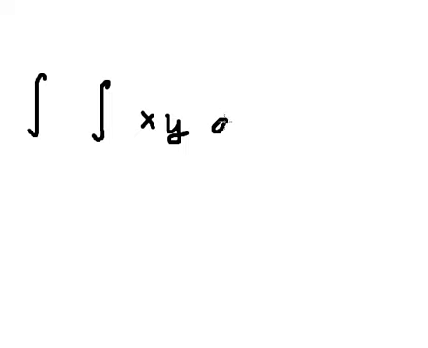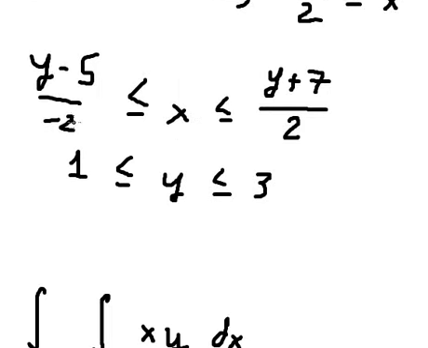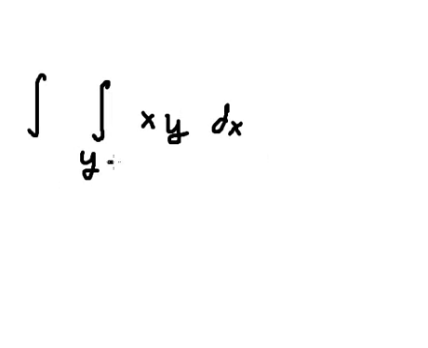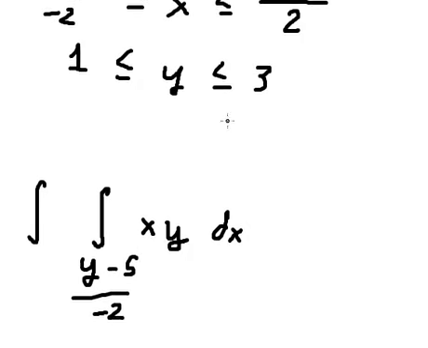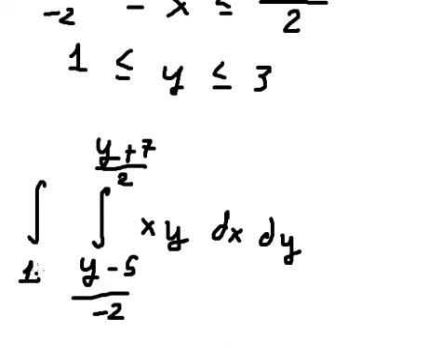About the x, that should be y minus 5 over negative 2, and this one we have y plus 7 over 2, dy, that should be from 1 to 3.